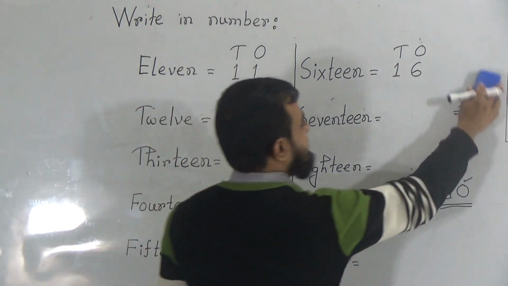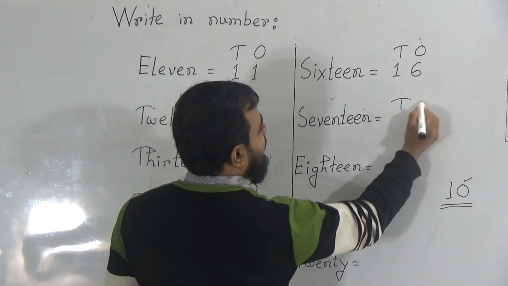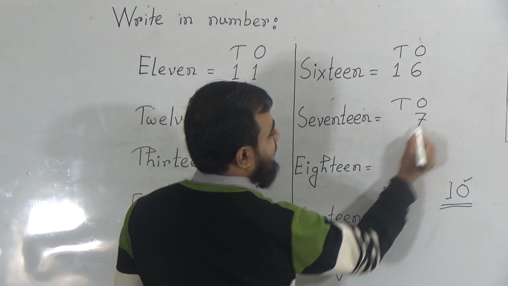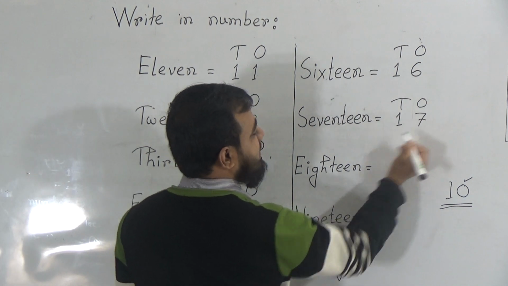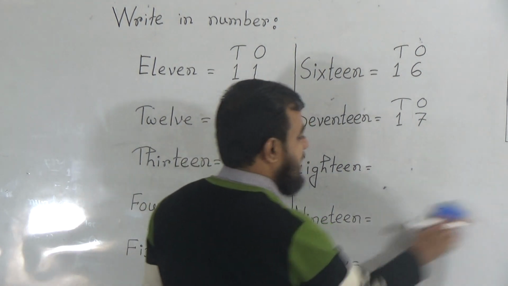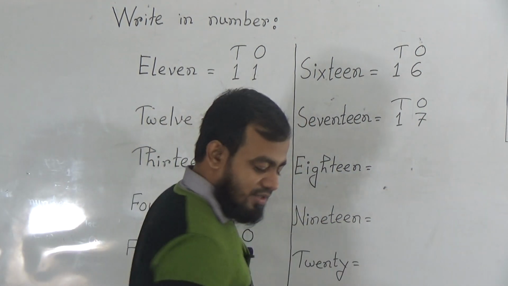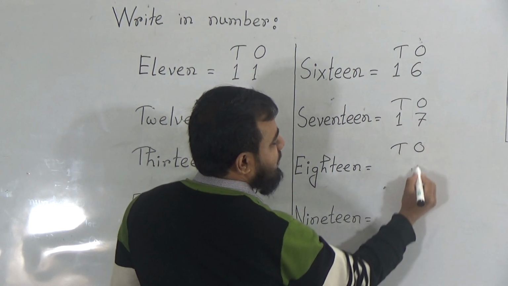Now the next number is 17. To write down 17, in the ones position we have 7 and in the tens position we have 1. So 1 and 7 make 17. After that, the number comes which is 18. After 7, the number comes which is 8.